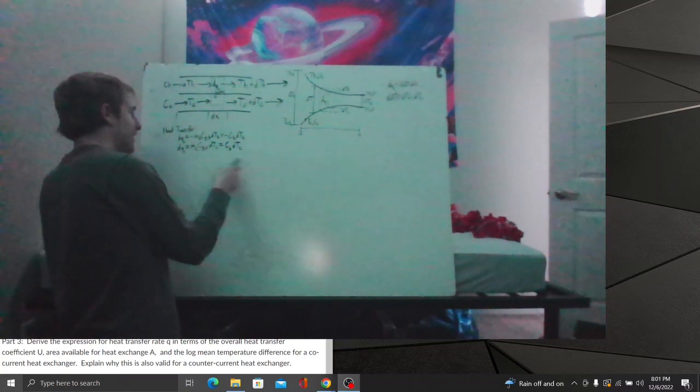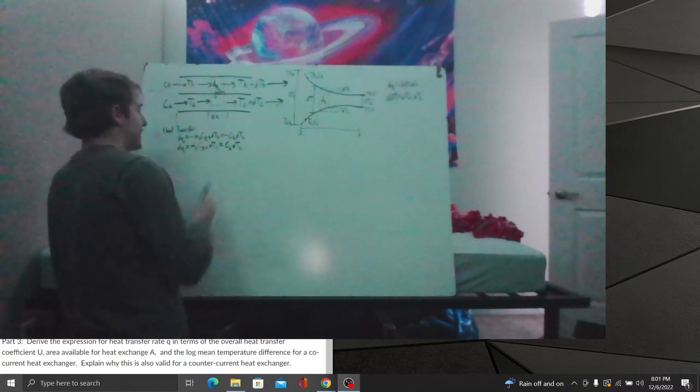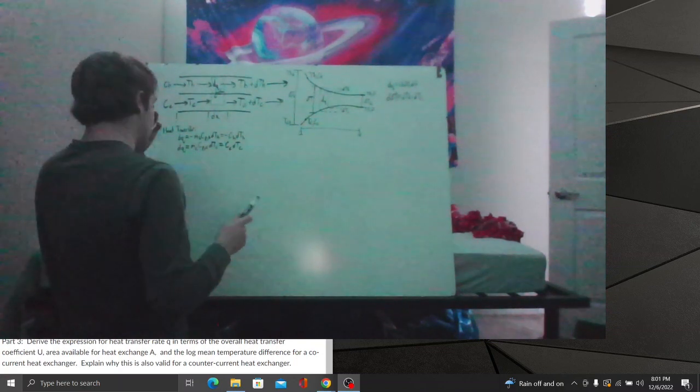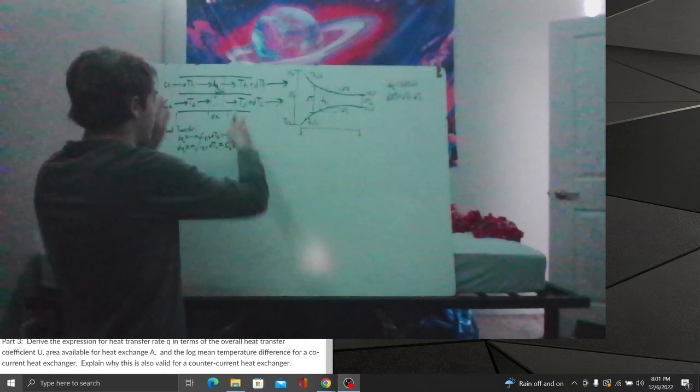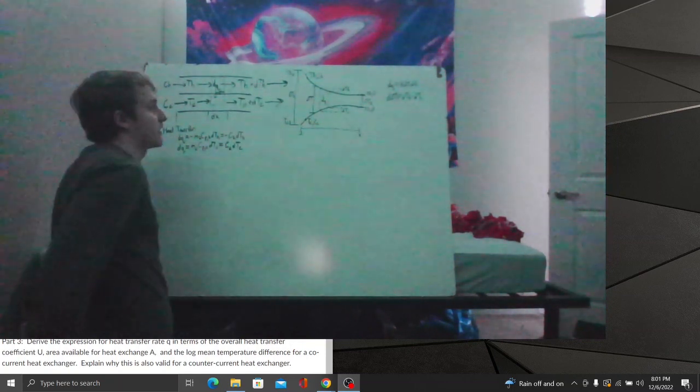And then it's the same here for the cold end, except it won't be negative because, again, the hot is transferring to the cold, not the other way around.